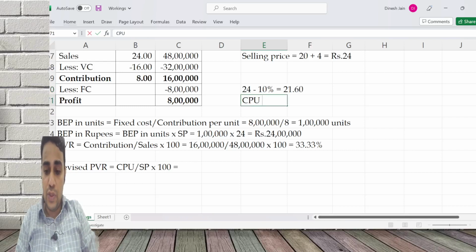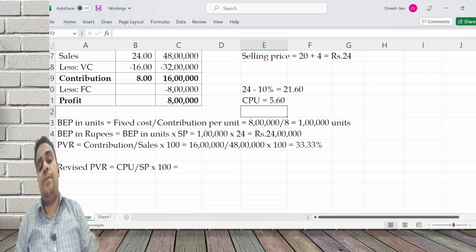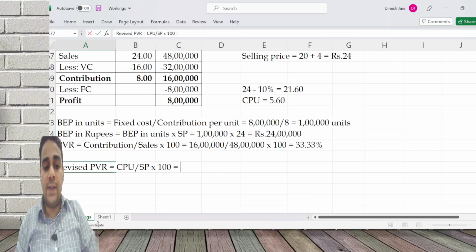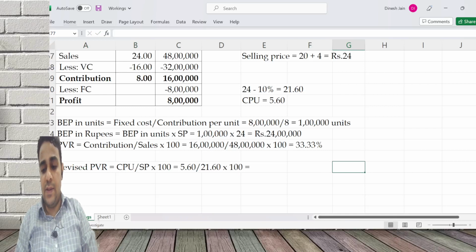So contribution will be 5.6, which is 21.6 minus 16. We'll work with more decimals to avoid rounding off issues.